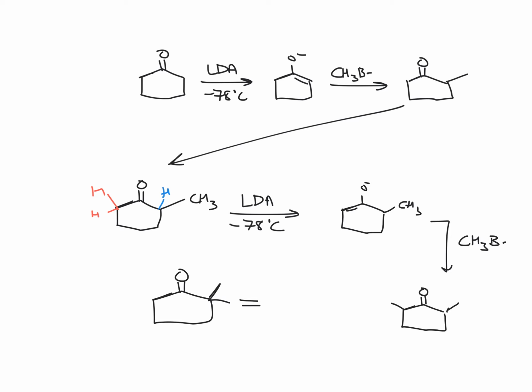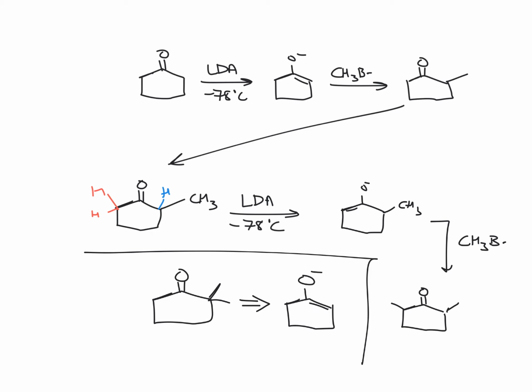And the key thing that we need to think about when we're doing this is the enolate that would have to come from would be this one. And the key things to note about this are that in order to generate this enolate, we're going to have to pull off this hydrogen. The blue hydrogen is the one that would lead to that.